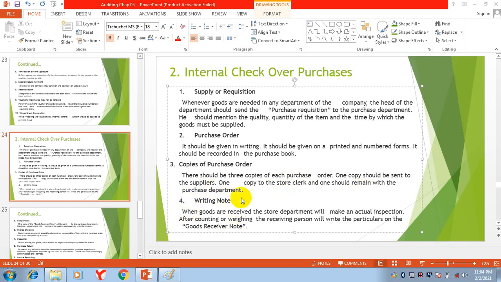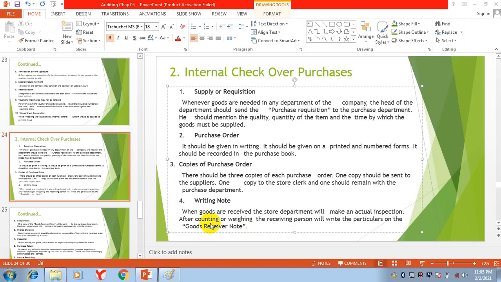The 4th thing is the goods received note. When goods are received, the store department will make an actual inspection. After counting or weighing, the receiving person will write the particulars on the goods received note.